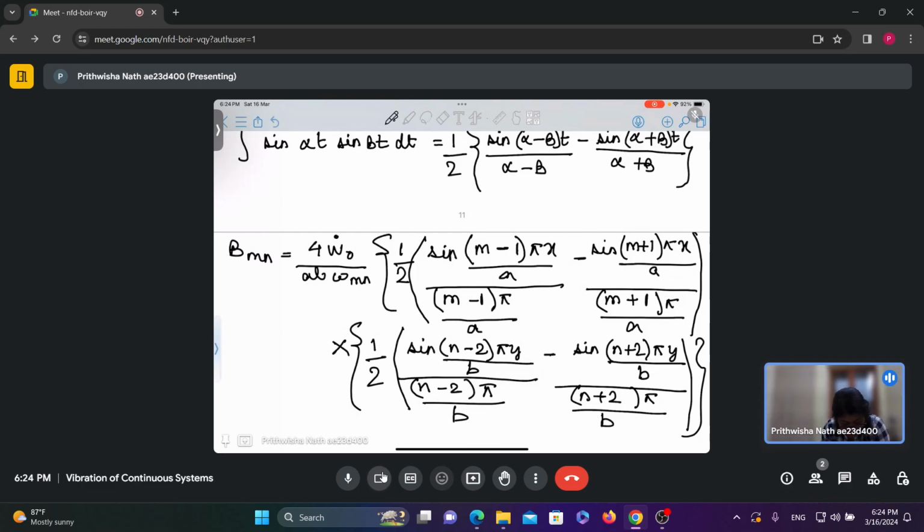Now the first term will vary first for the x terms. This will vary from 0 to a, and this will vary from 0 to b. Now this 2 and this 2 get cancelled with 4.